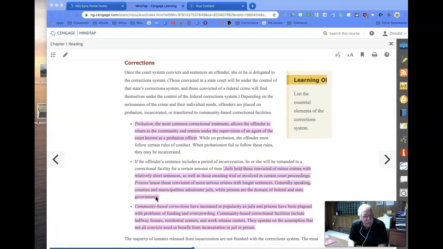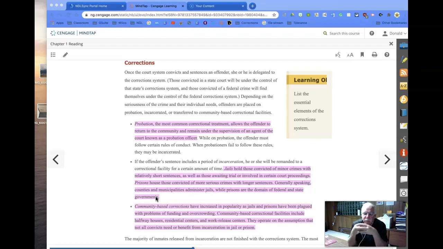And that leads us into our third objective. List the essential elements of the correction system. So the essential elements of the correction system are probation, incarceration, and our community-based corrections. What is probation?